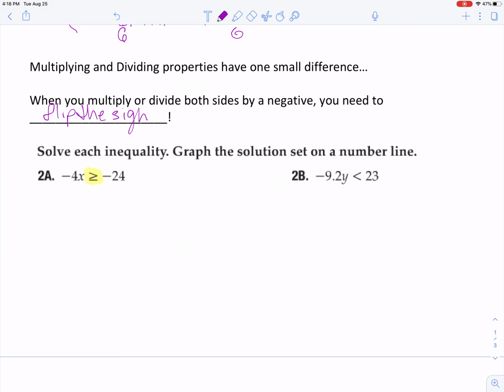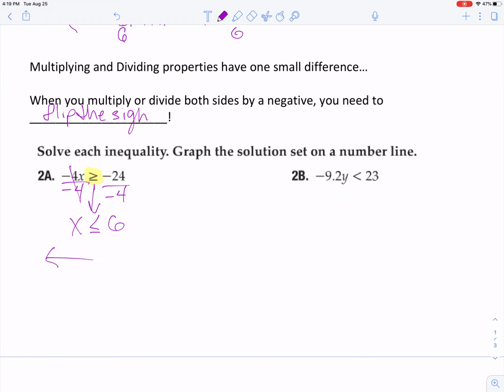What I'll do is divide by -4, because that's what I need to do to get x by itself. Whoa, stop! If you remember from your freshman year, I used to scream that, and everybody jumped and it was funny. Did you divide by a negative? Yes? Then flip the sign. Like so. X is less than -24 divided by -4, which is a positive 6.